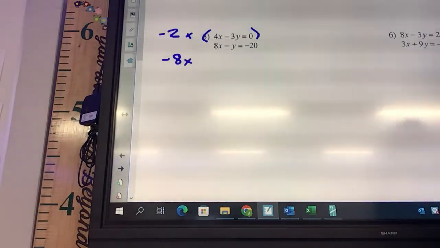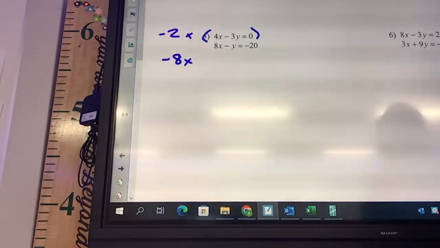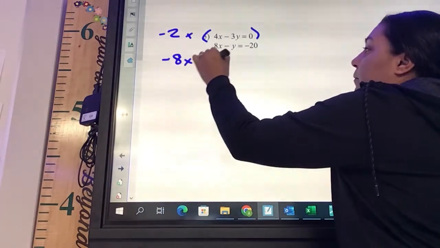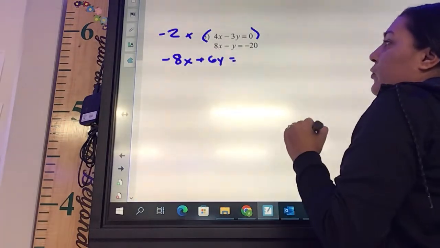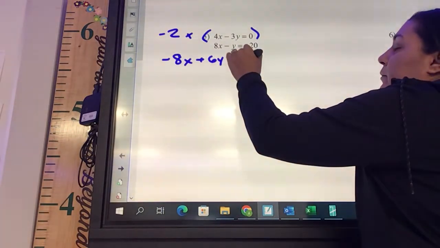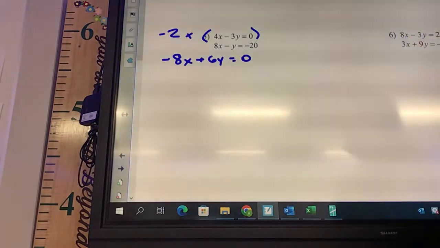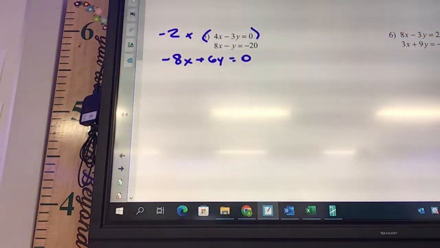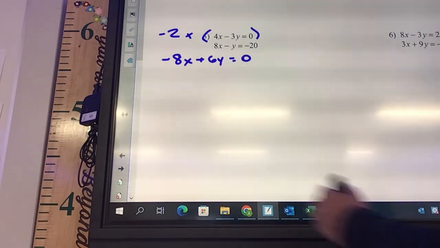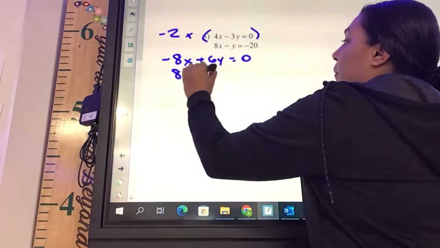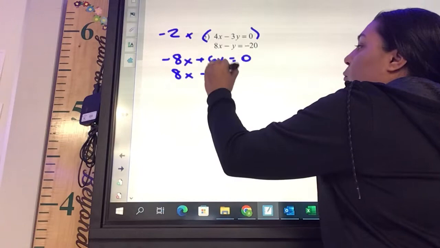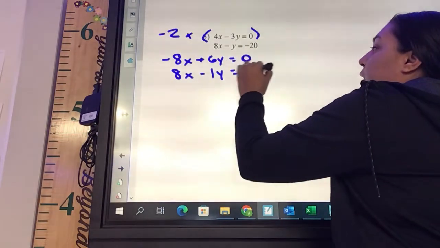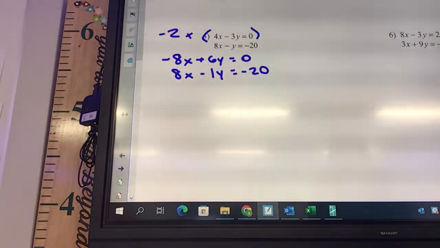Negative 2 times negative 3, positive 6y. Negative 2 times 0, 0. Did we change anything with our bottom equation? No. Okay. So it's going to be 8x minus 1y. It's just negative y, but we can put a 1 there. It's not going to hurt anything.